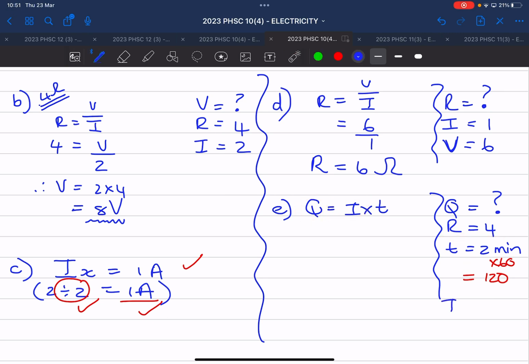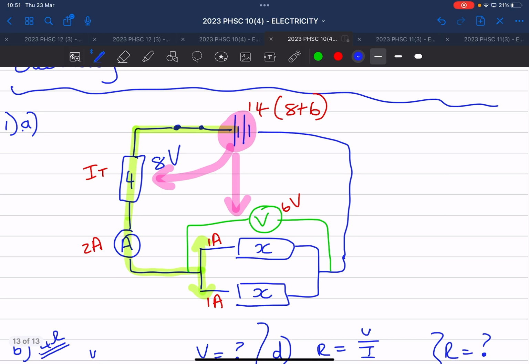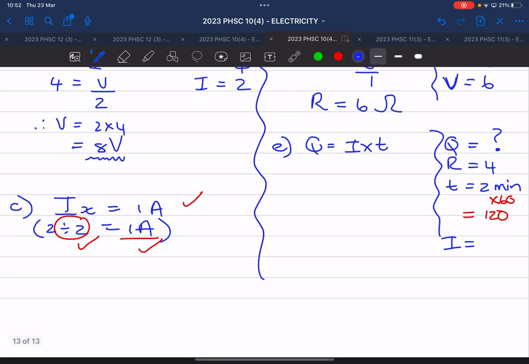Go to your drawing. How do you know it's 2? Okay, so they gave us that through the 4 ohm resistor, the current is 2 amperes. Alright, so the current there is 2. So we're going to fill in 2 times 120.